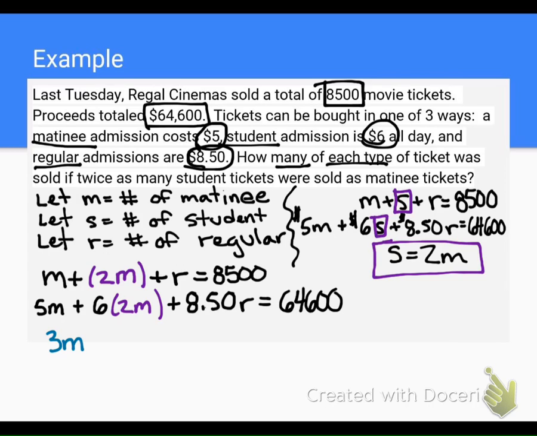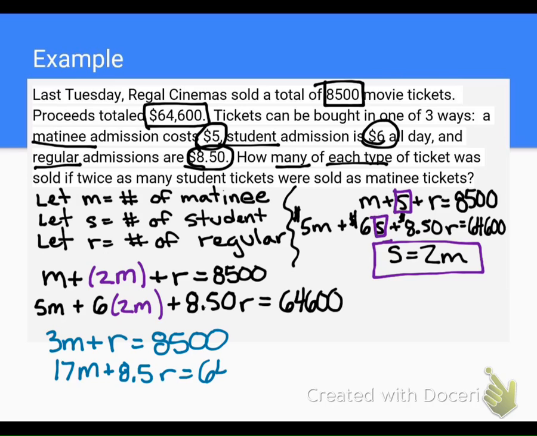Okay, so now combining like terms in each of these equations, I'm going to simplify them. I'll get 3M plus R equals 8,500 on the first equation. And then 6 times 2 gives me 12, plus 5, so I'll have 17M plus 8.50R equals 64,600.